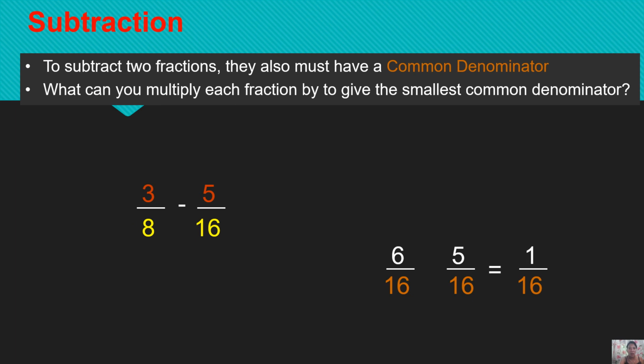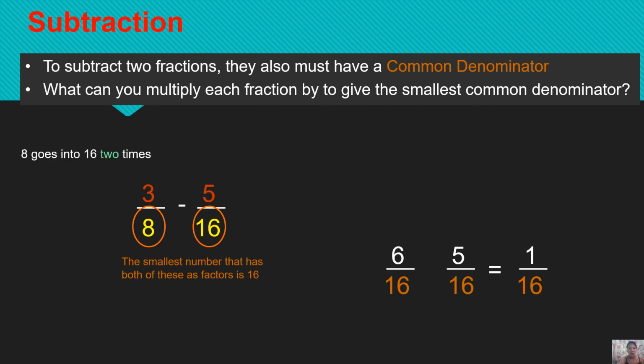So, what can you multiply each fraction by to give the smallest common denominator? So, actually, the same ra siya sa pag-add. Only nga, ang imo na gamiton karon, mag-subtract na ka. Sa example, smallest number na ta kay 8 og 16, pareha ra ganina pero minus na lang atong gigamit kay nag-subtract man ta.